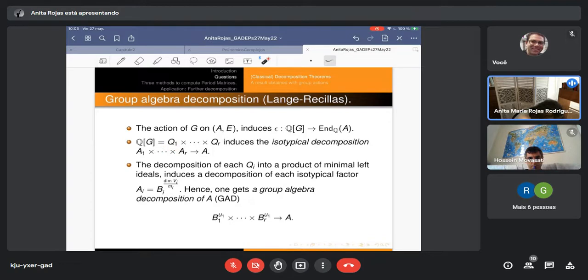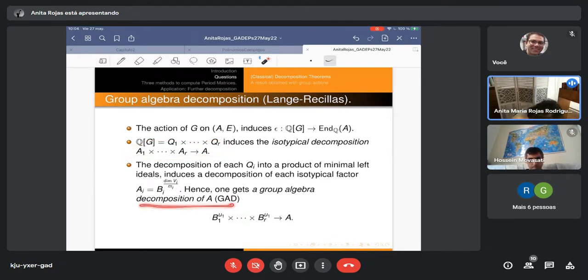Moreover, the simple algebras decompose into a product of minimal left ideals, and again you can translate that to a decomposition of each one of these factors. This is called the isotypical decomposition because the group acts on all these factors, in fact with the rational representation associated to these factors. So representation theory comes into play here.